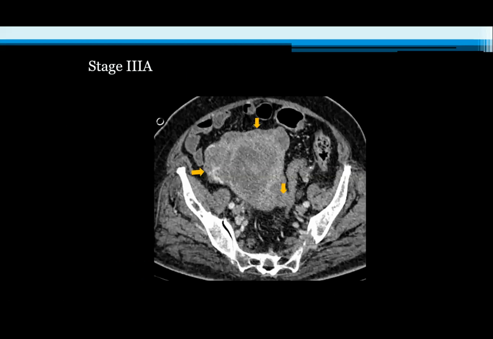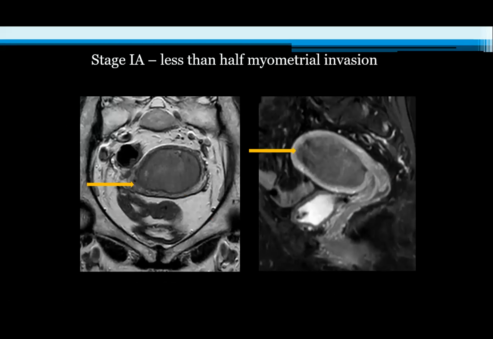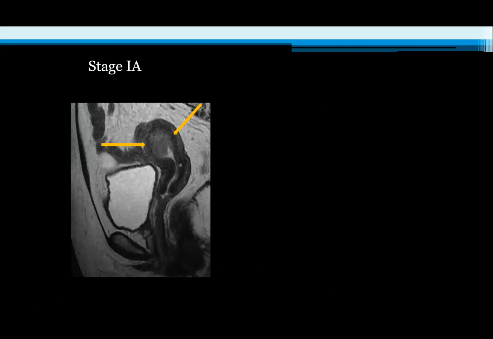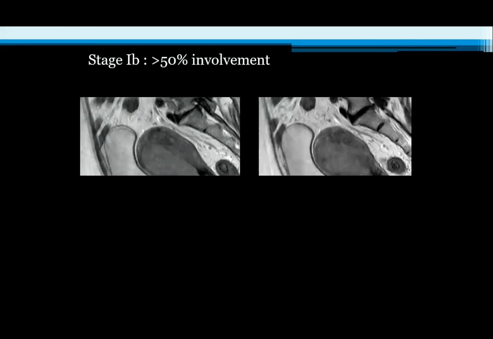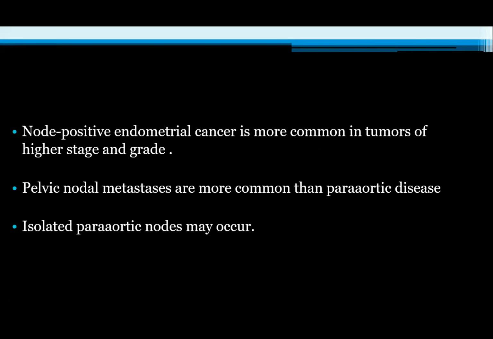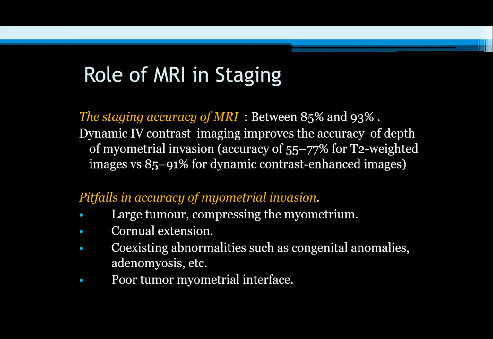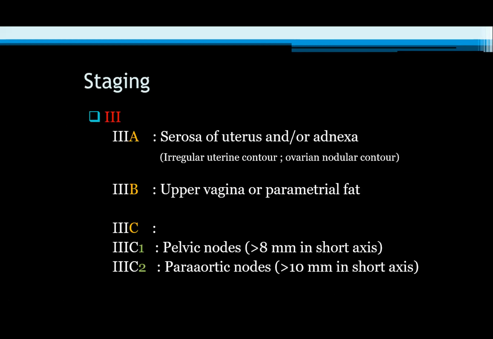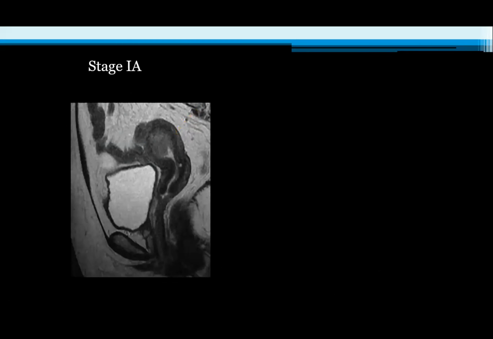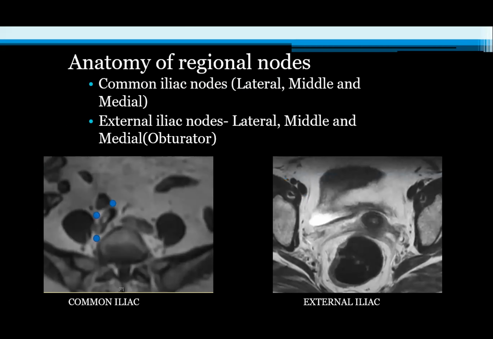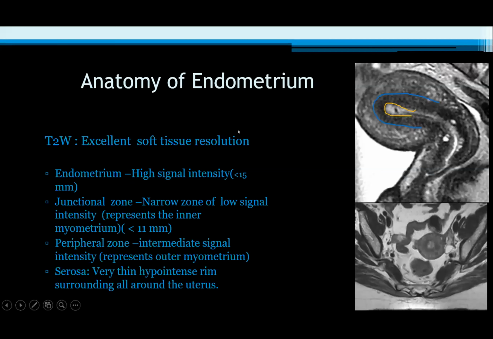Again, in the anatomy diagram, I can tell you this junctional zone continues as cervical stroma downwards, and this outer myometrium also continues as the outer layer of cervical stroma.